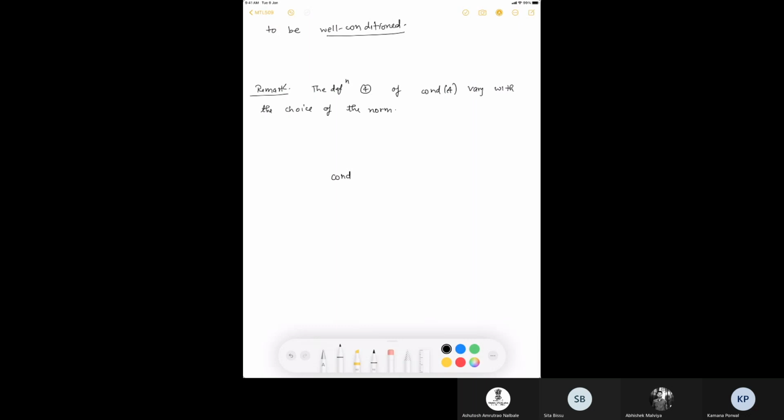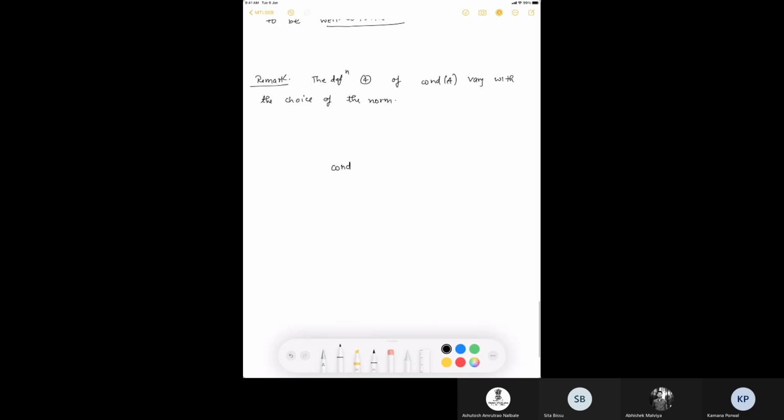If I just say the condition number of the matrix A, you might wonder which norm to use. To avoid that ambiguity, one uses another definition of the condition number, which I'm denoting with a star here.